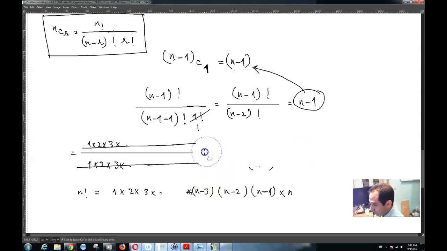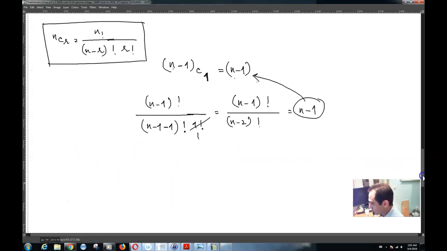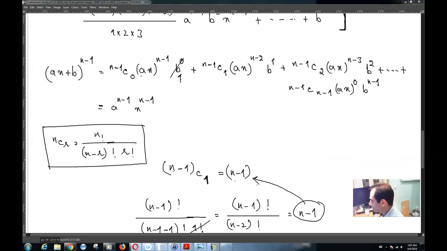So then what that means is that n minus 1 combination 1 is equal to simply n minus 1. And then here you have a raised to the power n minus 2, x raised to the power n minus 2, right?